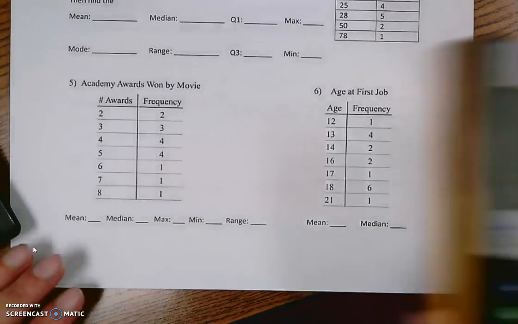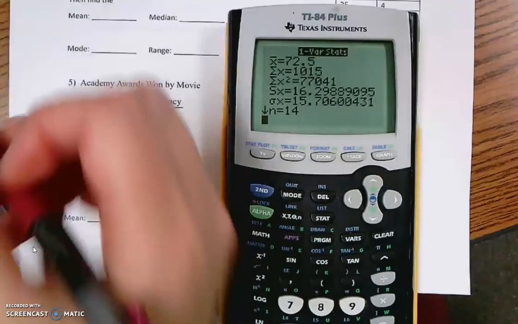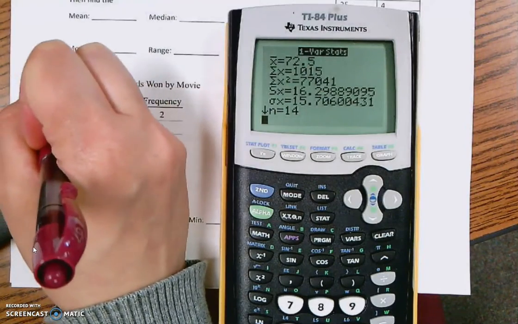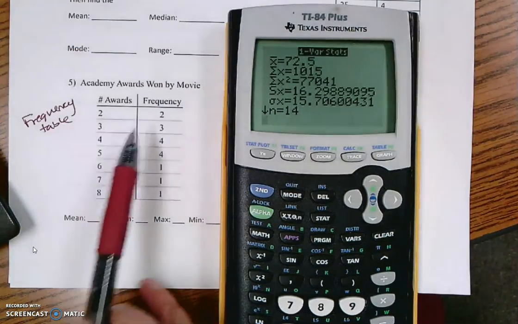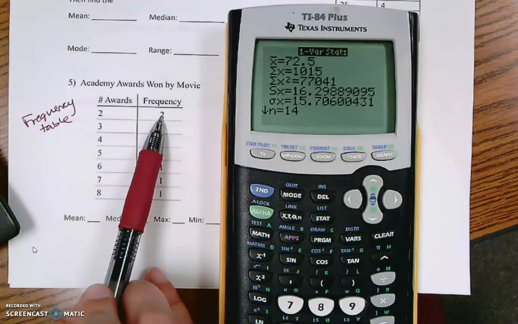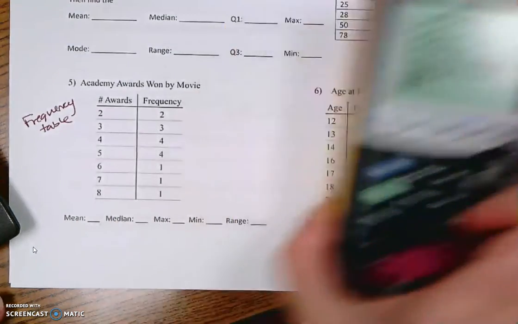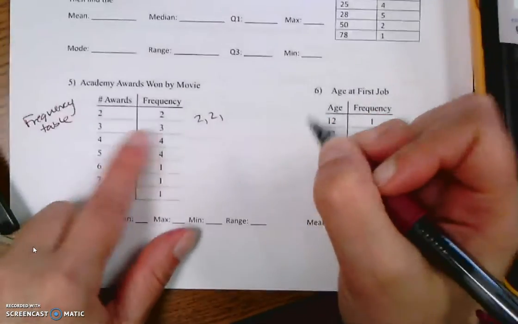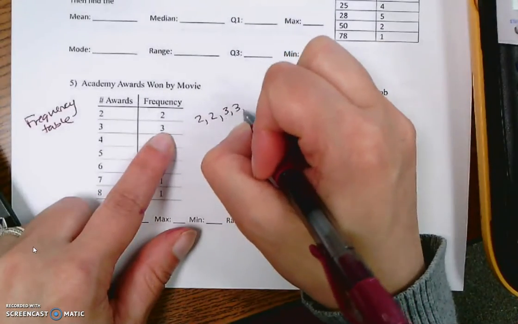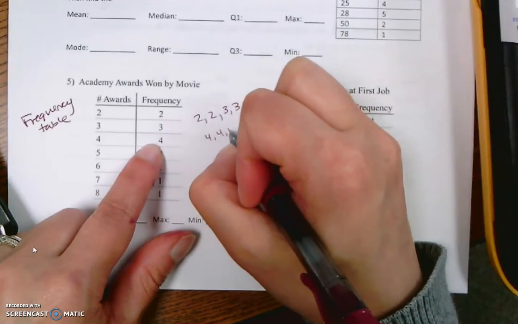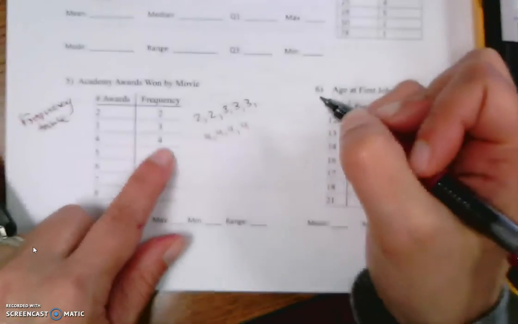The reason why I want to do question number 5 with you is because this is a frequency table. The way you read a frequency table is this is the number that's actually in the list, and frequency is how many you have. So if I were to create a list from this, I would say I have 2 2s, 3 3s, 4 4s, because I have a frequency of 4.